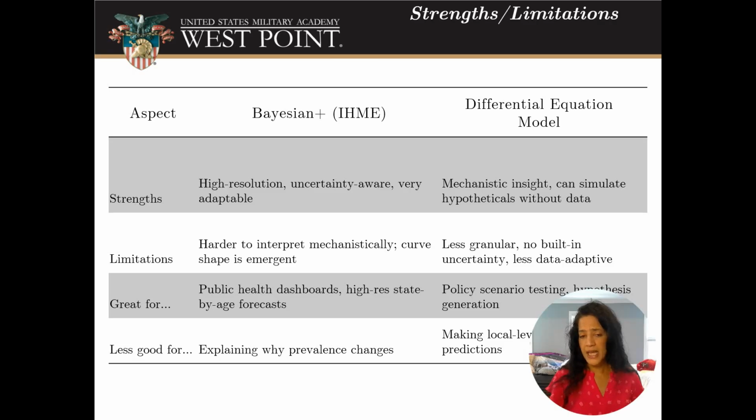The Bayesian model is good for public health dashboards and high-resolution state by age forecasts, while the differential equation model is more for policy scenario testing and hypothesis generation. The Bayesian model is less good for explaining why prevalence changes, and the differential equation model is less good for making local level predictions.